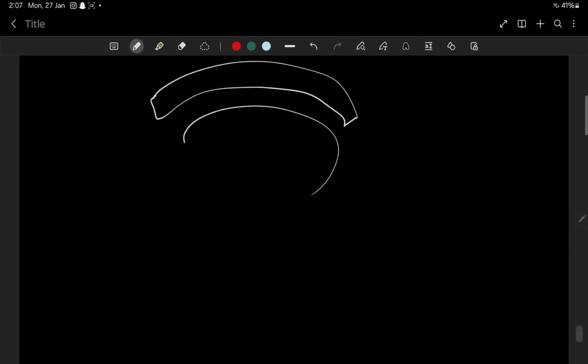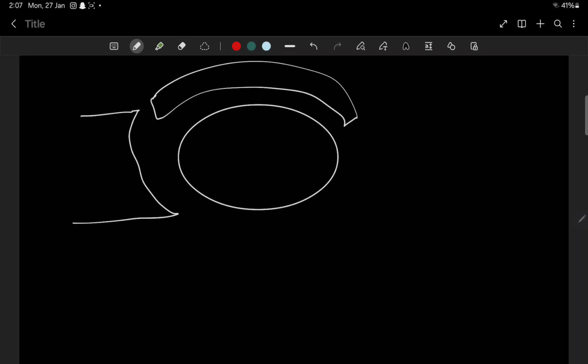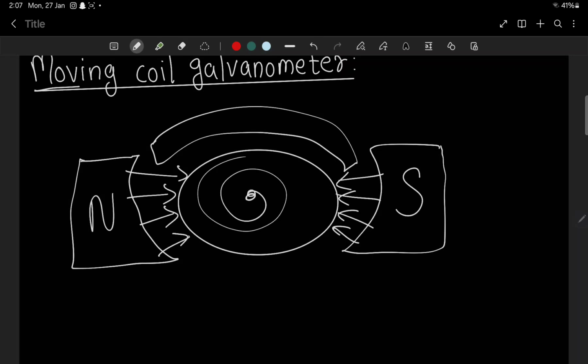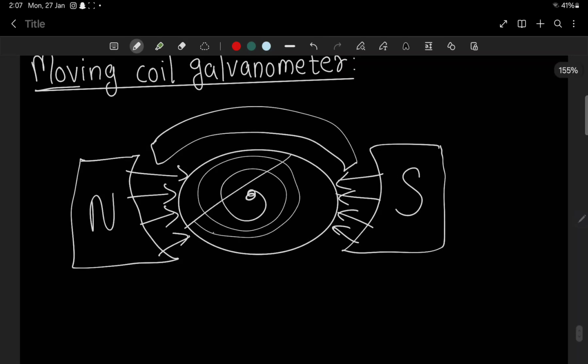Now we have a circular loop, and north and south poles. This is a moving coil galvanometer's picture.